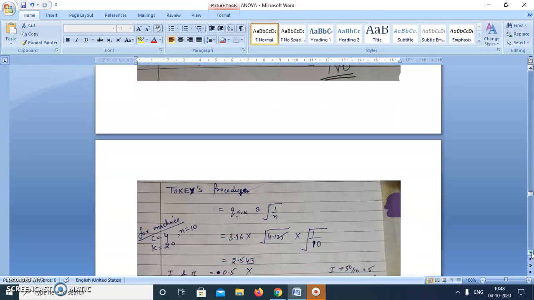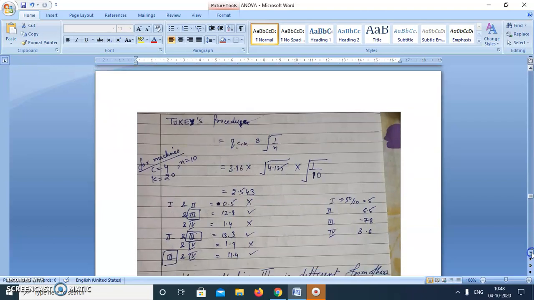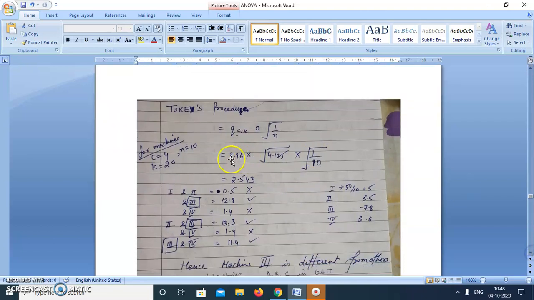Okay. Now in this case, they have also asked to calculate the least significant difference between the 2 frames. So this is the two-case procedure which we have discussed in the last class. We'll just calculate according to the given formula, and we'll calculate the difference between the means of these 4 machines and try to compare with this least significant difference.